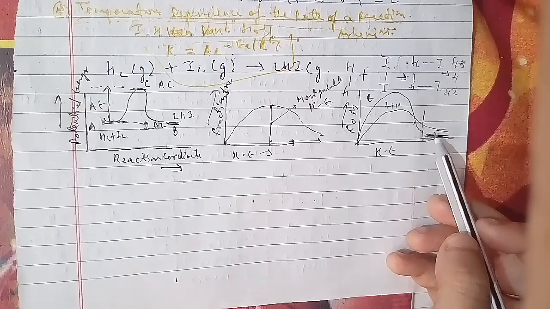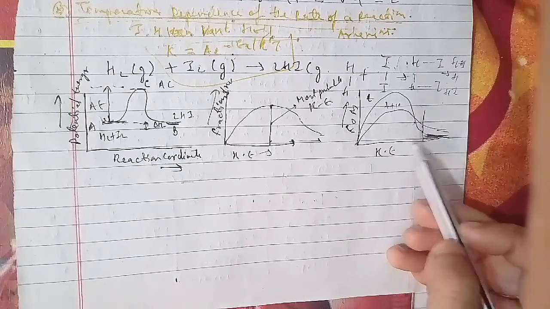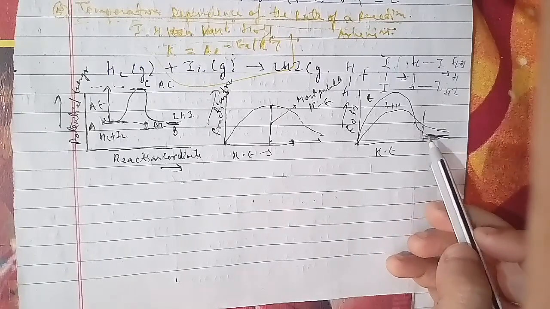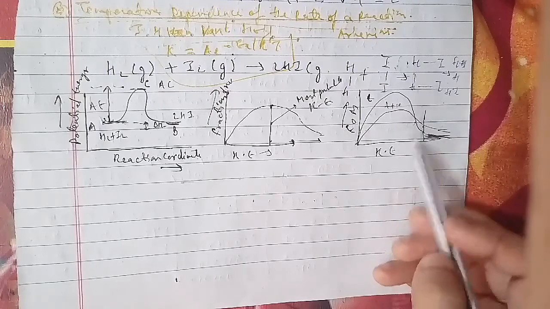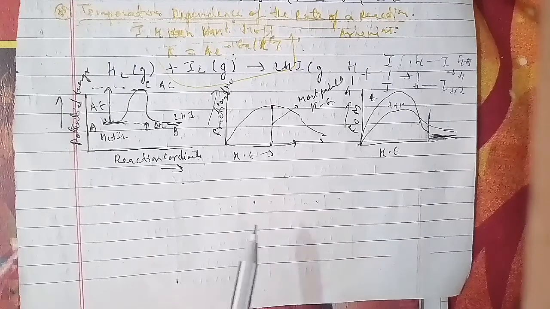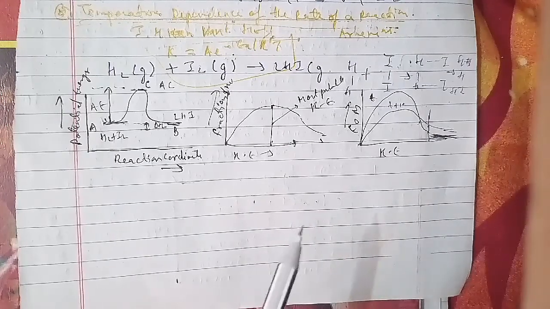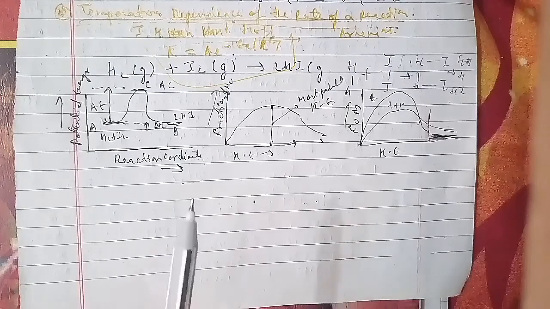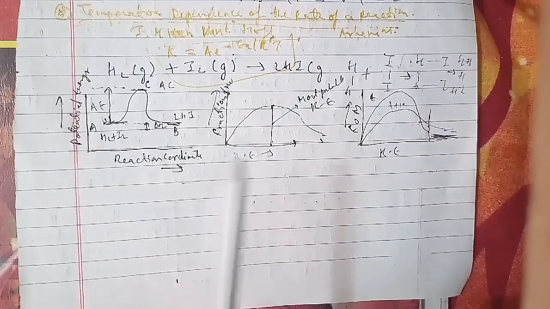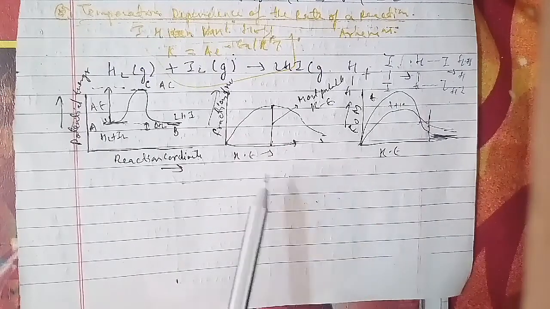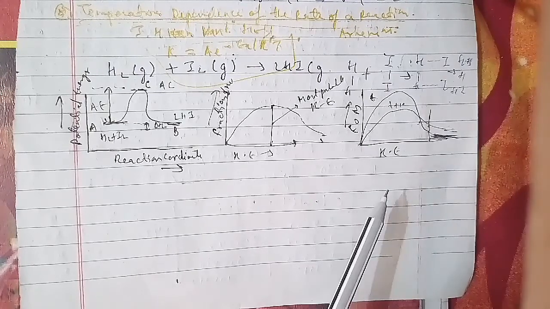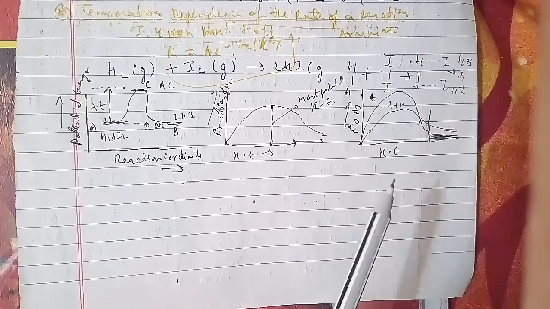In the Arrhenius equation, the factor e power minus EA upon RT corresponds to the fraction of molecules that have kinetic energy greater than EA. Taking the natural logarithm of both sides of the equation, it can be represented in the form ln k equals minus EA upon RT plus ln A. For that, the plot of ln k versus 1 by T gives a straight line according to the equation.